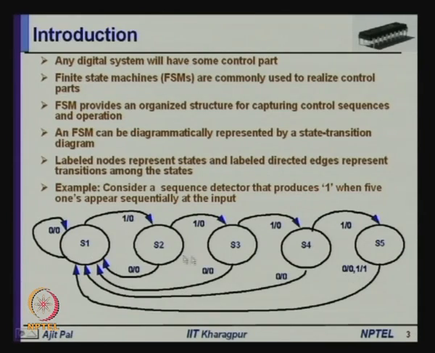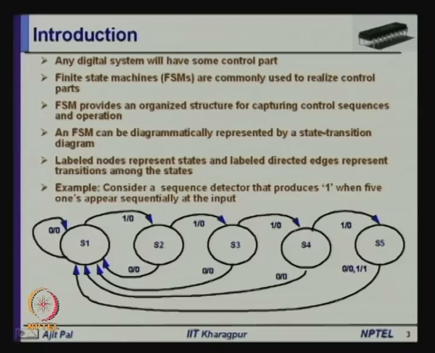That means in that case you have got only 4 ones at the input, not 5 ones. So, this is how the function of the sequence detector, which detects a 1 whenever there are 5 consecutive ones, can be diagrammatically represented with the help of a state transition diagram. This is shown with the help of this example.